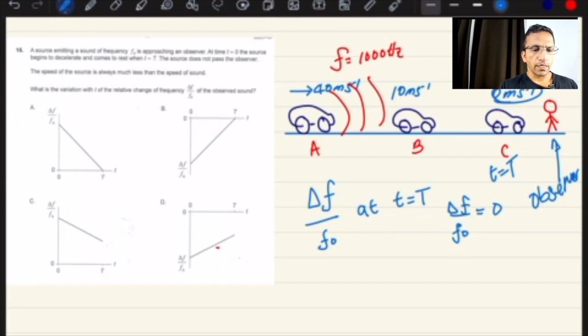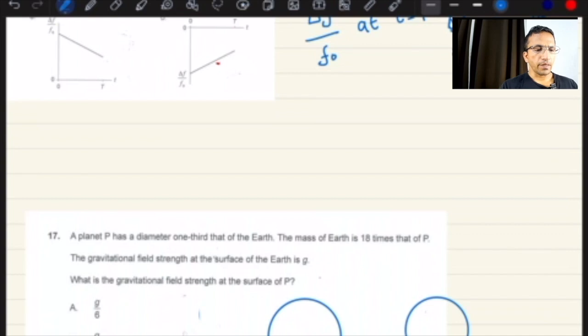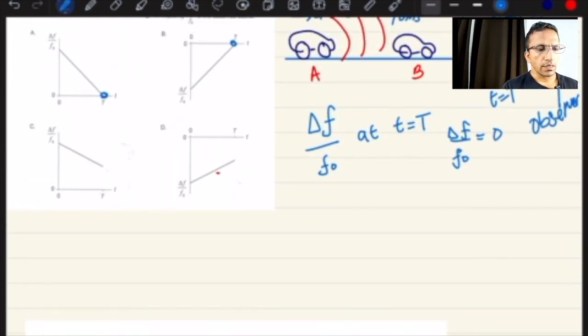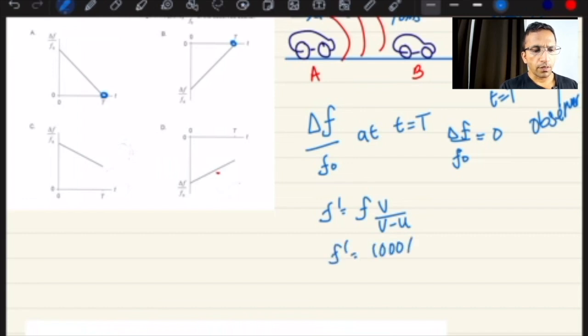So we should find a graph which gives 0 at time equals capital T. Second thing, let's think about the numbers. F dash is F times V over V minus U, the equation for a source moving closer, right? So let's find out F dash. If it is 40, 1000 times 340 for sound over 340 minus 40, you will get roughly 1130 Hertz.